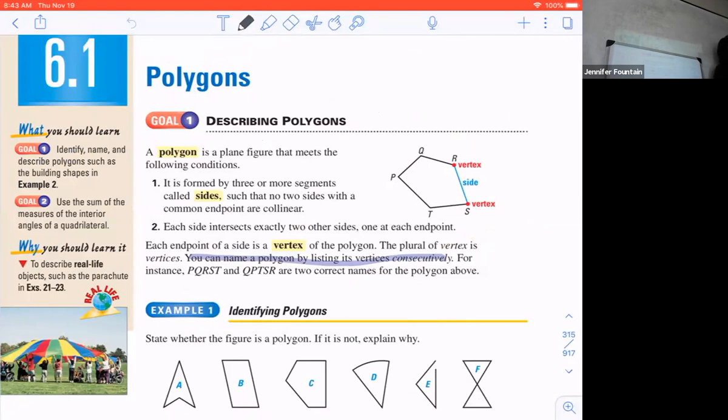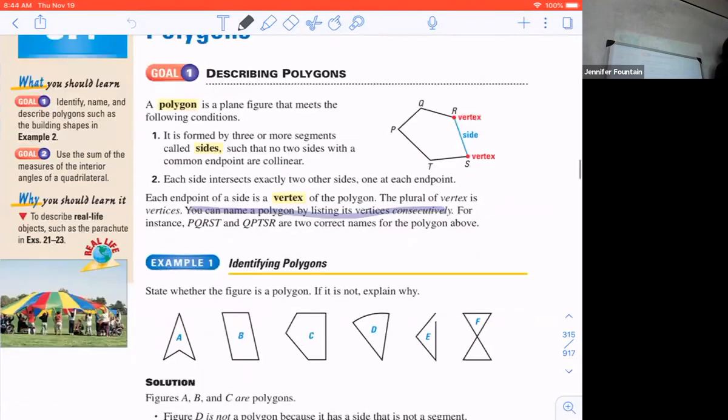It is formed by 3 or more sides that all touch at a common vertex. No two sides with a common endpoint are collinear. Each side intersects exactly 2 other sides, one at each endpoint. Each place that it meets is called a vertex.